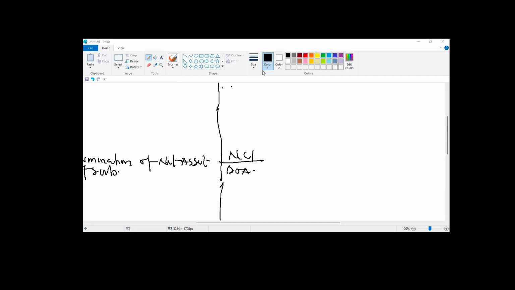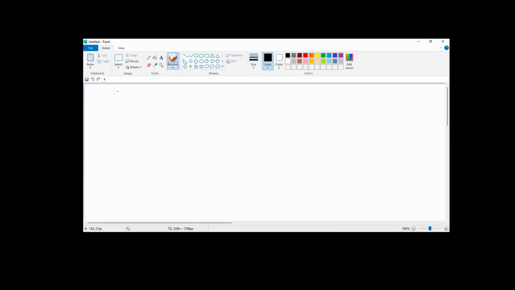So let's open another page for the workings. These are working sheets. Okay, I'll read.